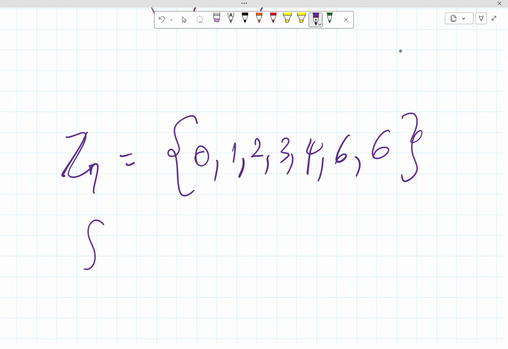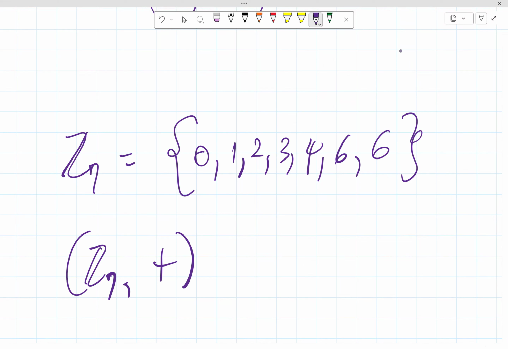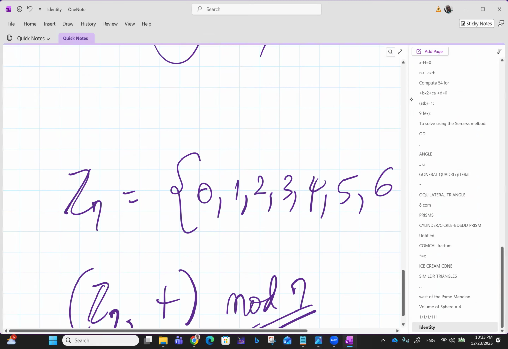Now we have a group, Z7 under modular addition, that's addition mod 7. What that means is that you don't ever get any number above 7. What did I do here? This should be 5, right? So mod 7, that's what that is about.